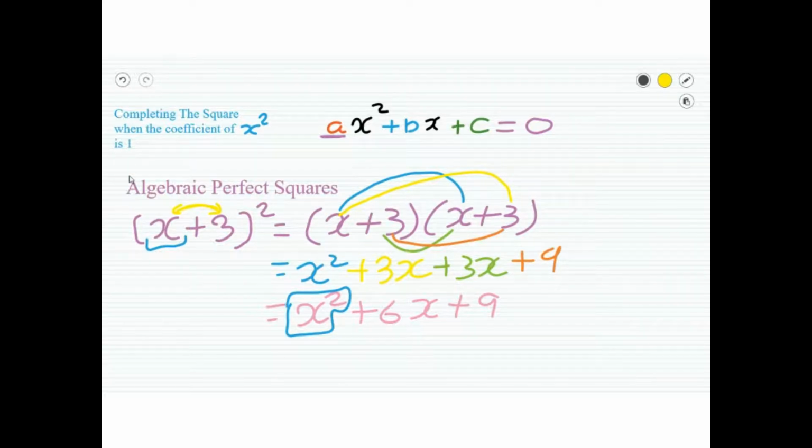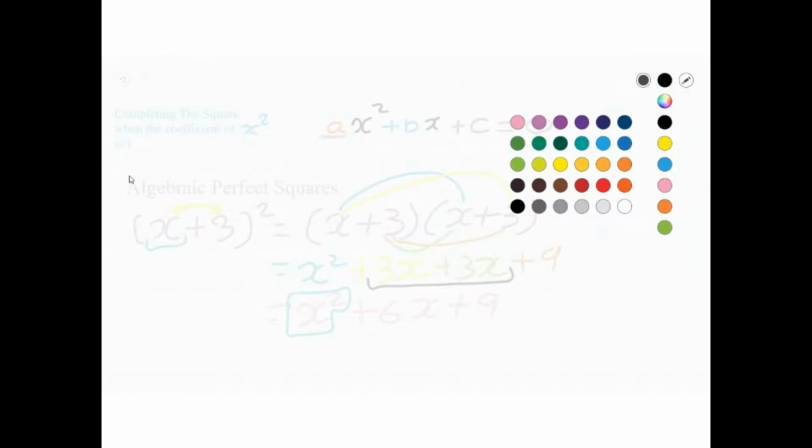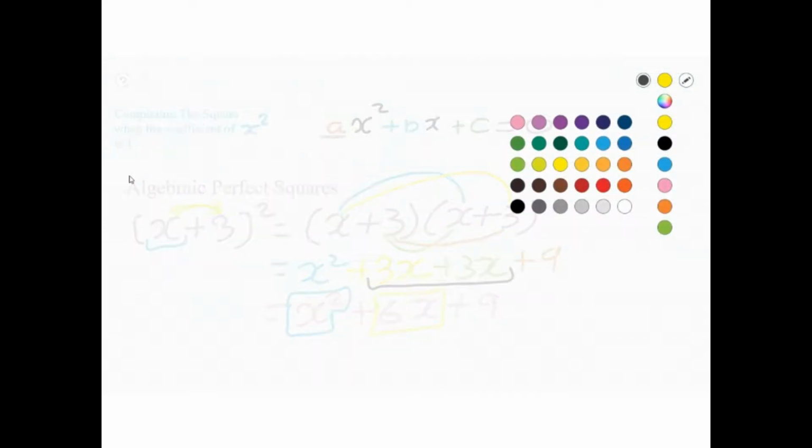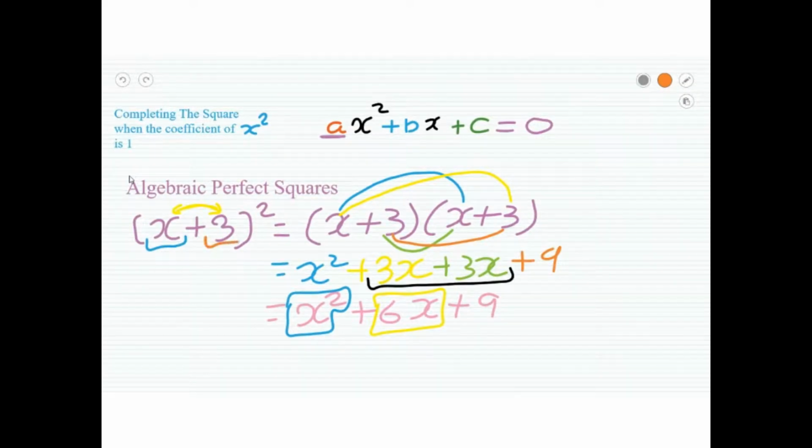As you can see, there are 2 3x's in the expansion, so the cross term is doubled, so that's the 6x. And then finally the last term is squared as well. So the first term is squared, the last term is squared, and the middle term is the cross term that is doubled. So we can actually find the perfect square very quickly.